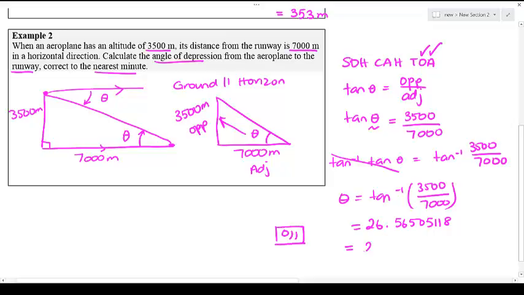Pressing that, you should get 26 degrees, 33 minutes, 54.18 seconds. Rounding off to the nearest minute, we can see that 54.18 seconds is greater than 30, so we round upwards, so it's 26 degrees and 34 minutes. And that's our final answer.